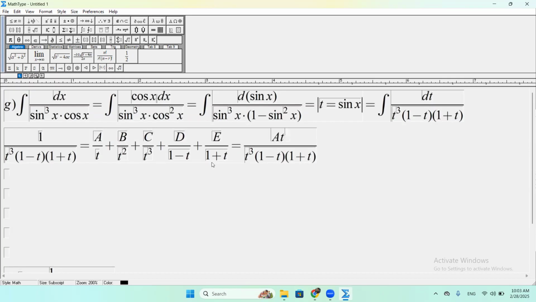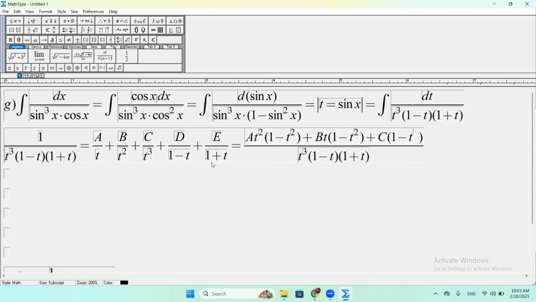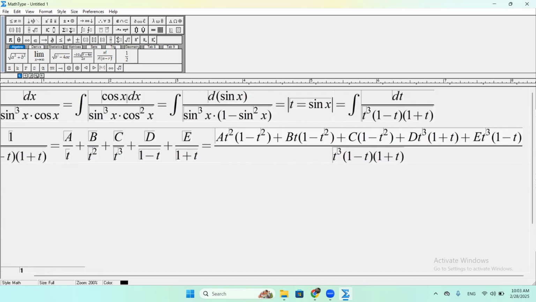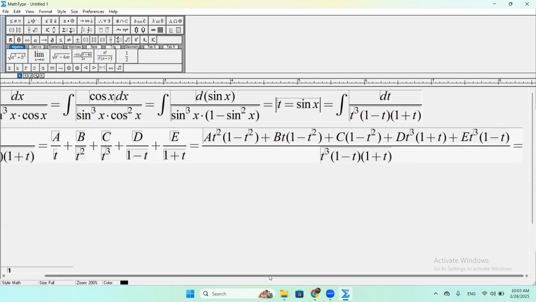At cube by 1 minus t square. So writing it in a more compact way, plus bt multiplied by 1 minus t square, plus c multiplied by 1 minus t square, then plus dt cube multiplied by 1 plus t, and plus et cube multiplied by 1 minus t. So now let's expand brackets.